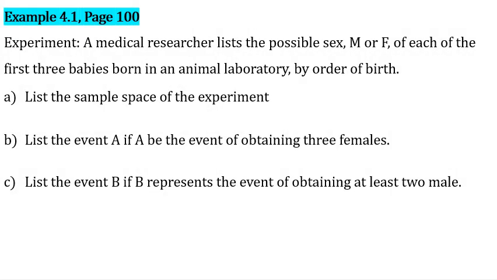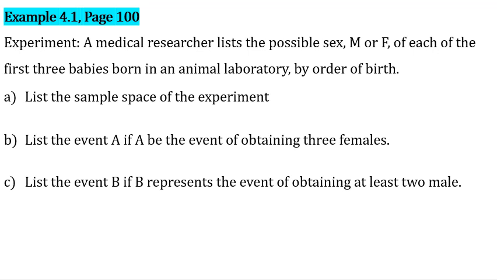For example, 4.1, page 100. We have experiment. A medical researcher lists the possible sex, male or female, of each of the first 3 babies born in an animal laboratory by order of birth.